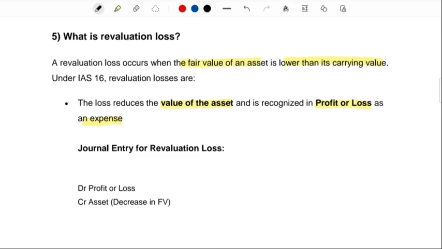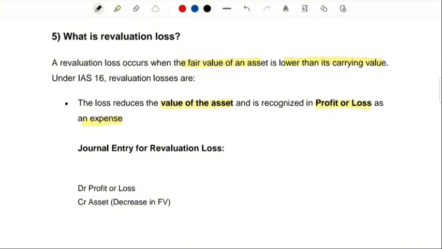So for example, if I have adopted this method, in the next year I, for example, make a loss. Unfortunately, I will have to recognize this revaluation loss in my profit or loss. The reason for this is the prudence concept, which says that you have to recognize the losses immediately, while the gains are only recognized in other comprehensive income until they are realized.